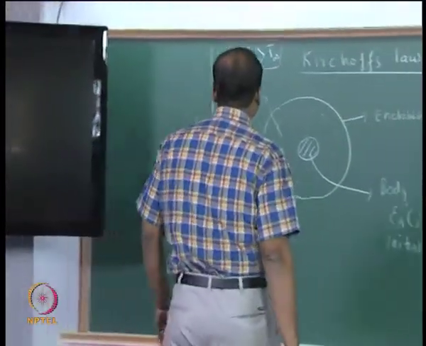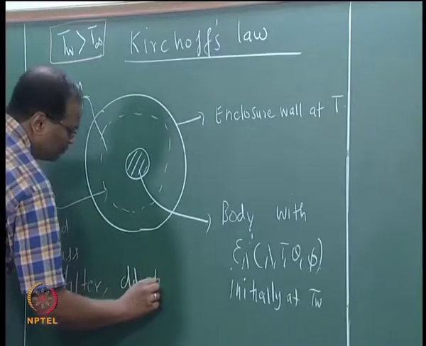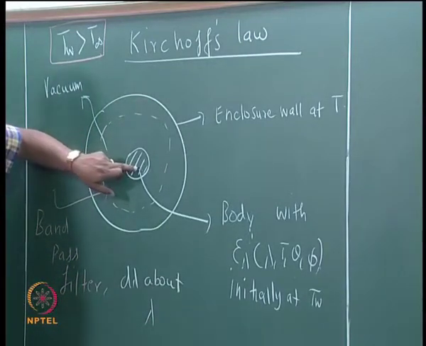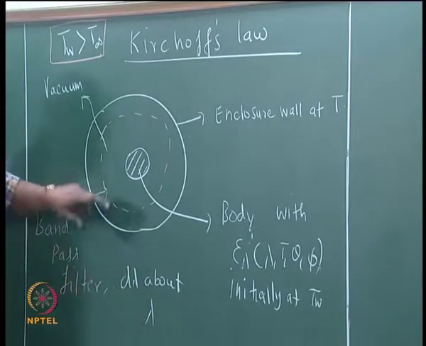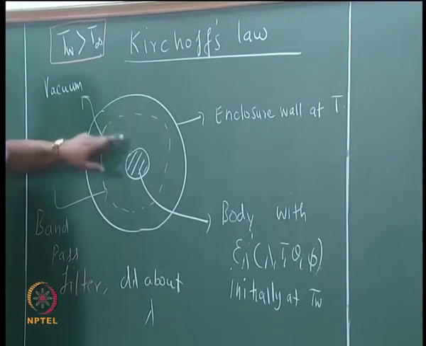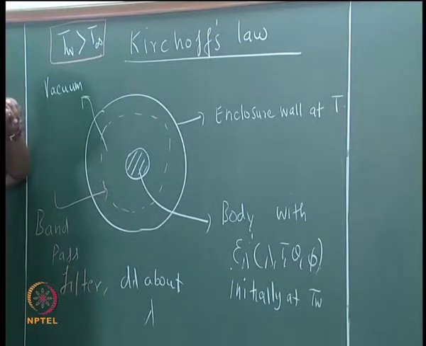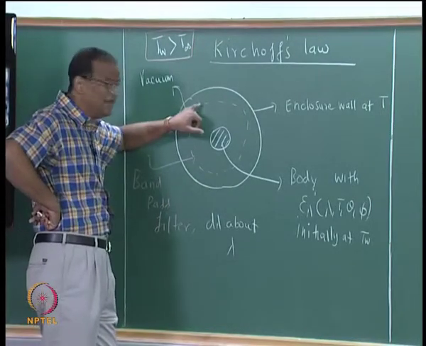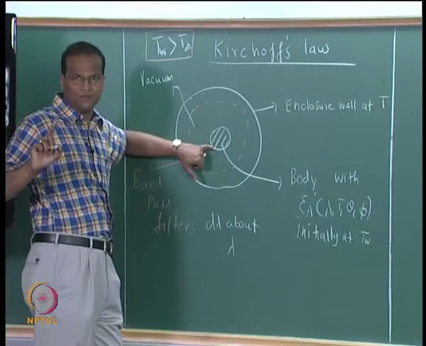Now the beauty of this is, if it is allowing only in a wavelength interval d lambda about lambda, this body is permitted to emit radiation only in this wavelength interval d lambda about lambda, because any radiation emitted by this body which is outside this d lambda will be reflected by the filter and it will come back again to the body.